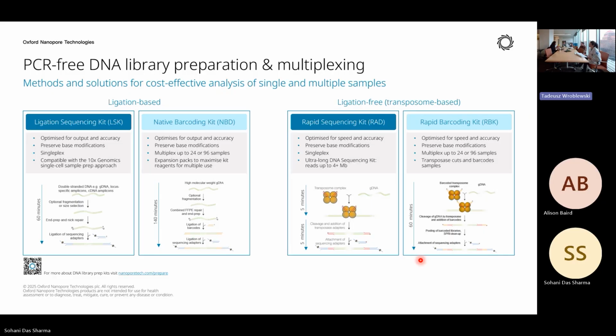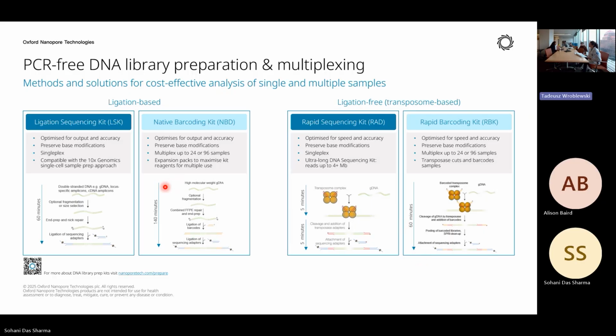Yeah, so for 10x, if you want to do short-read sequencing, it is the same thing, right? You are doing cDNA, then you are fragmenting it, and then you are following the steps for making it compatible with the Illumina platform. So it is similar here. Okay. You are doing cDNA, and then you are making it compatible for the Nanopore platform.